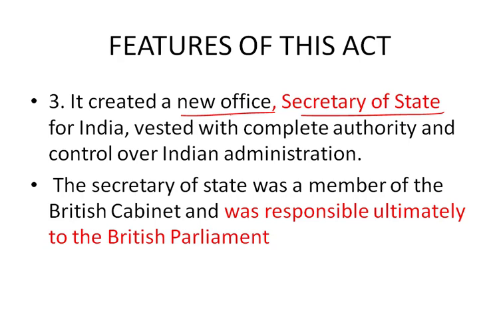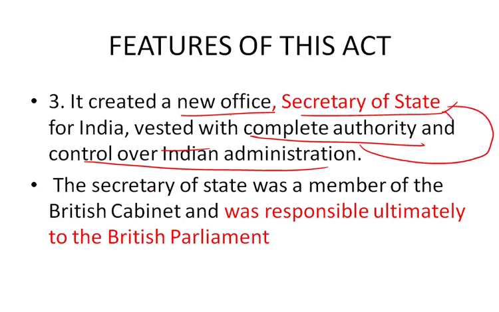The Secretary of the State for India is a new body, and the Court of Directors' administrative authority and control was given to this new body. Functions were administrative authority and control all over India.